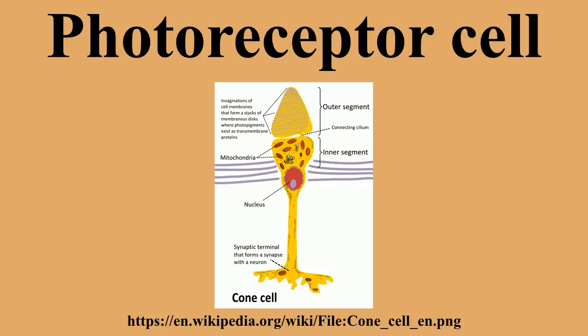The bundled RGC axons form the optic nerve, which leaves the eye through a hole in the retina, creating the blind spot. Activation of rods and cones is actually hyperpolarization. When they are not being stimulated, they depolarize and release glutamate continuously.